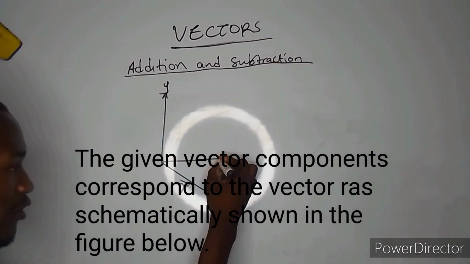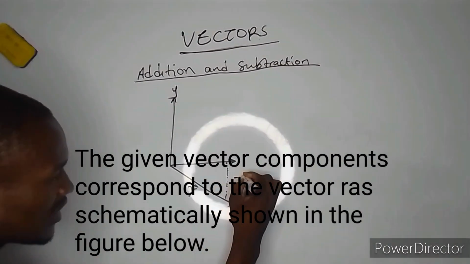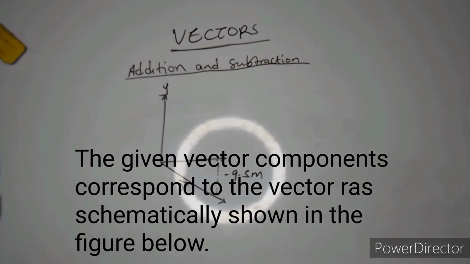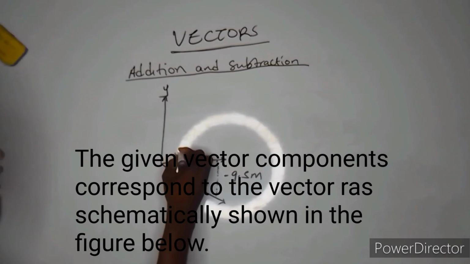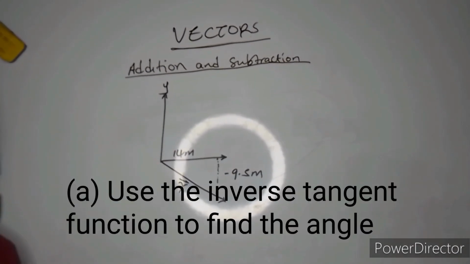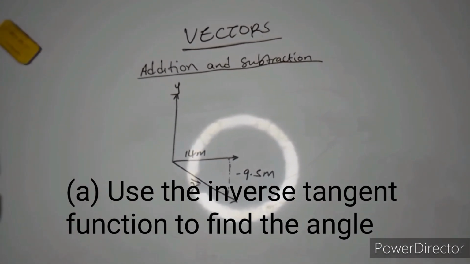Here we have a value which is already given: negative 9.5 meters. Then here we have been given 14 meters. Then they are saying use the inverse tangent to find the angle. So they want us to use the tangent function to find the angle.